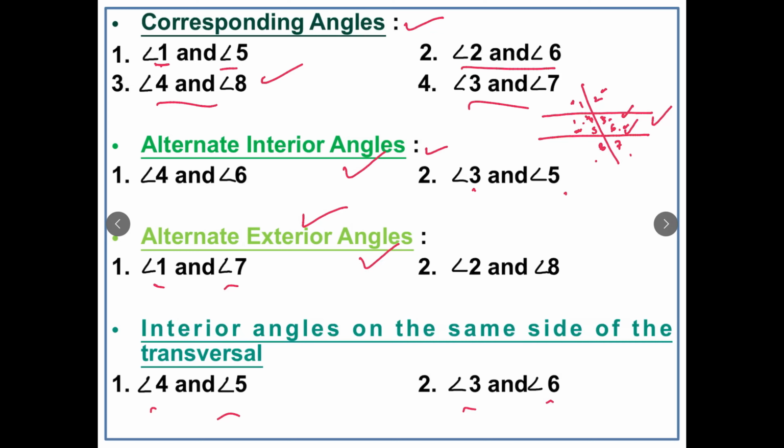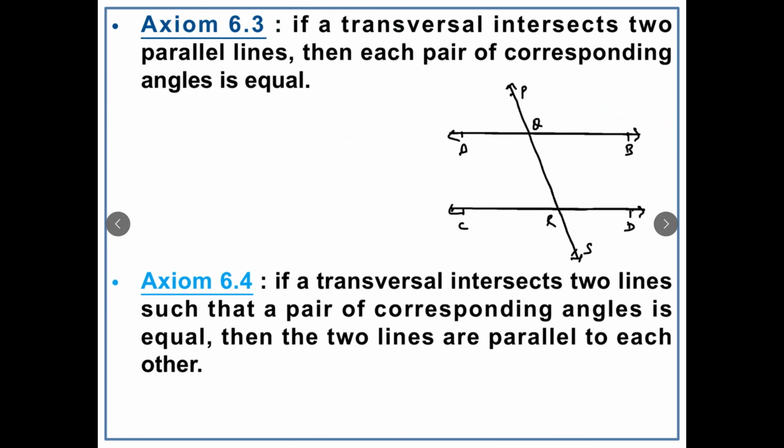Then we have alternate exterior angles, which are again 2 pairs, which are 1 and 7 and 2 and 8. Then we have interior angles on the same side of the transversal, which are 4 and 5 and 3 and 6. So these are the 6 types of angles formed by a transversal when it falls on two parallel lines. Now based on this we have certain axioms and theorems, so we'll now discuss them.